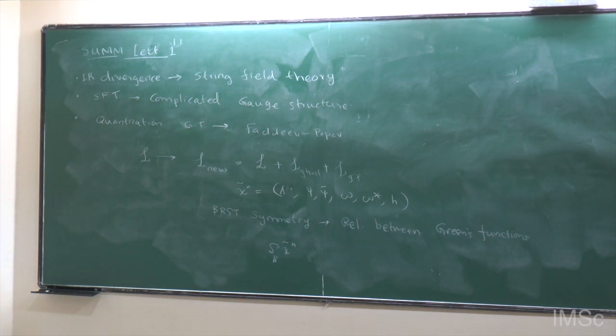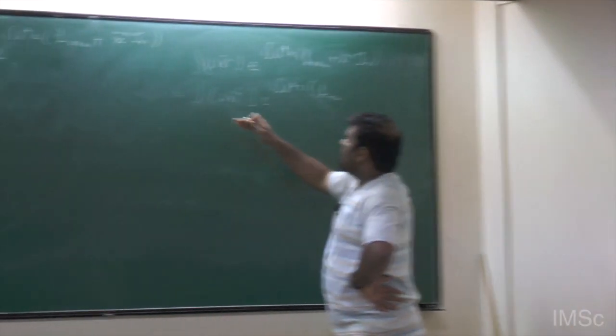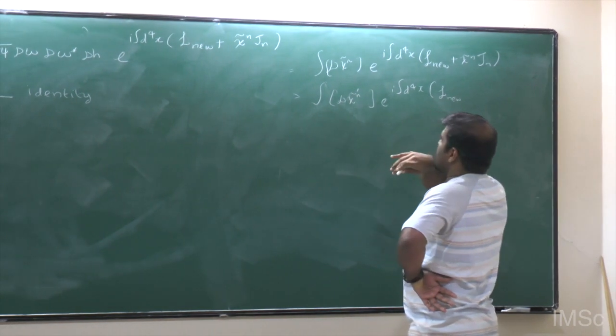This path integral we are supposed to perform over the gauge orbit of chi tilde n. So we could choose another point in the gauge orbit, and express this as integral of d chi tilde n prime e raised to i integral d^4x L nu, which is a function of chi tilde n prime. Now how is chi tilde n related to chi tilde n prime?